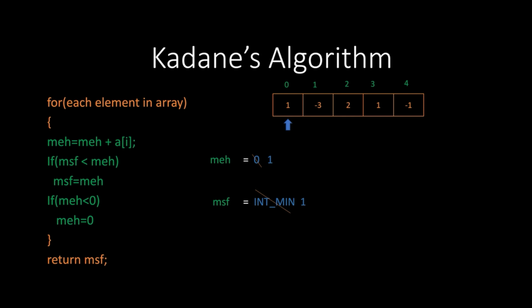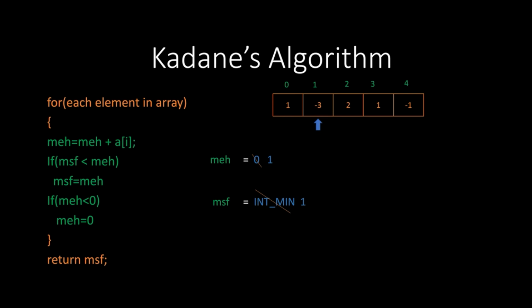Now we check if maximum ending here is less than 0. Is 1 less than 0? No, so maximum ending here would not be replaced. Now we traverse to the next index. We update maximum ending here with maximum ending here plus a of i.